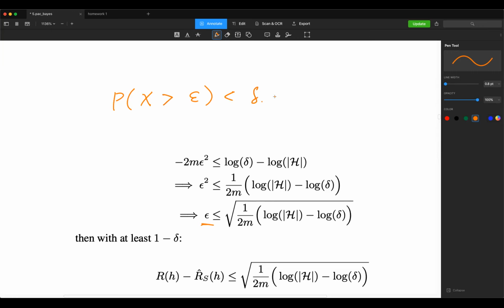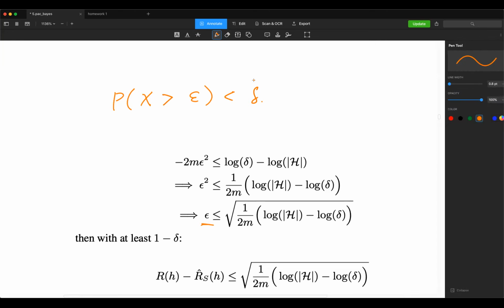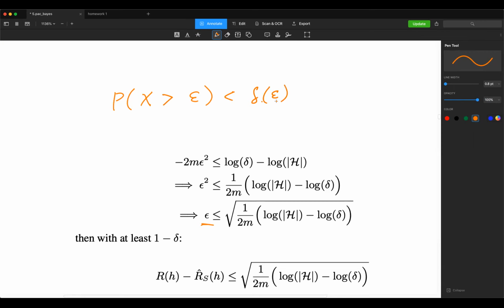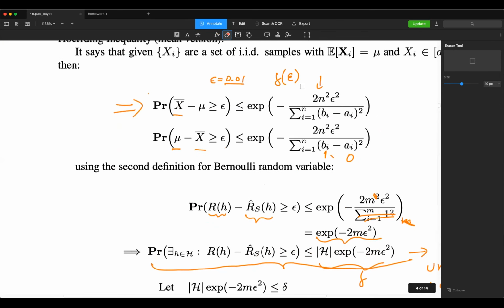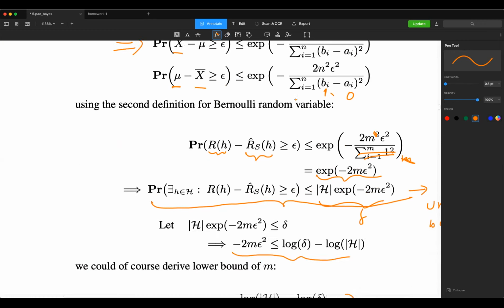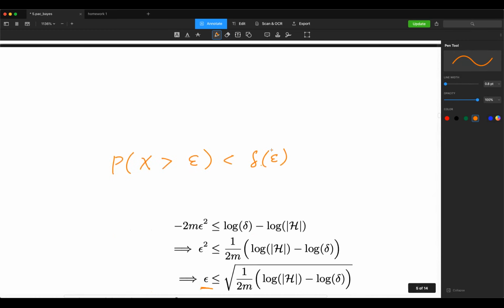When I have something like this, I can put delta as a function of epsilon, which is what we have seen before in this form. So this is essentially delta as a function of epsilon. But we can also do another form and keep delta here, making epsilon in terms of delta.